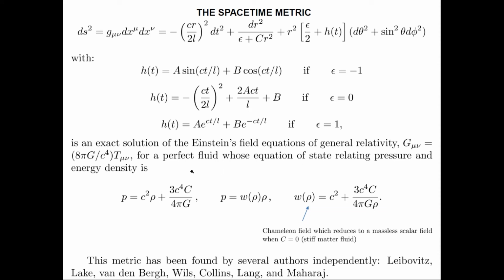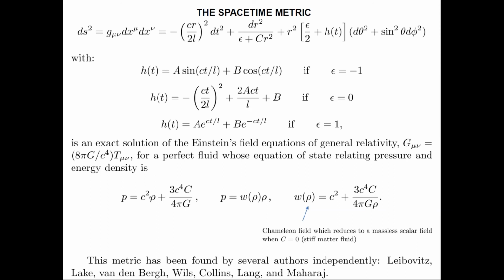And it is supported by a perfect fluid governed by this equation of state. So you can see that if we killed this term by setting C equal to 0, we would have a stiff matter fluid, which is equivalent, as we know, to a massless scalar field. Also, this constant C can be regarded as a bag energy if we adopt a language from particle physics theory.